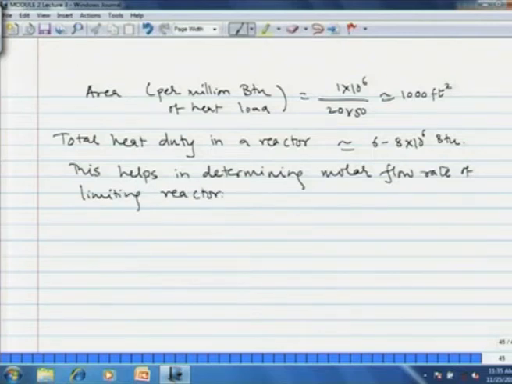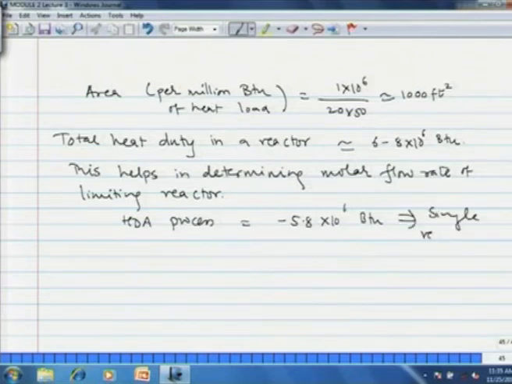Like for example, we just saw the HDA calculation where the heat load was minus 5.8 into 10 to power 6 BTU, and this particular process could be carried out in a single reactor. We do not have to split the streams.